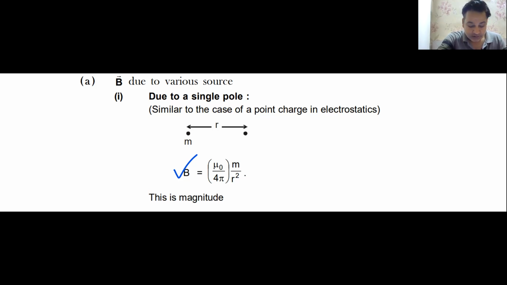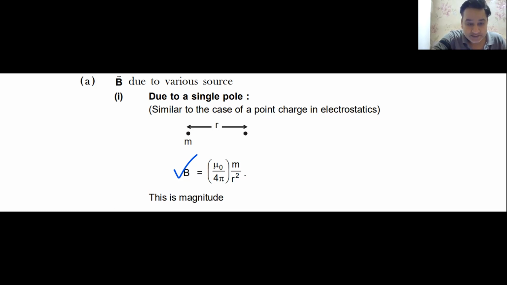Sir. Okay. Now, whatever questions we are doing, it may be looking like questions on magnet, but if you forget the magnetic north and south, they can very well become questions on electric dipoles. Do we understand this? Yes, sir.